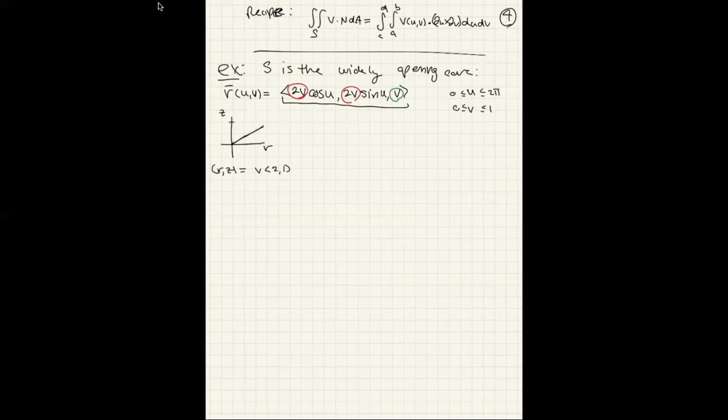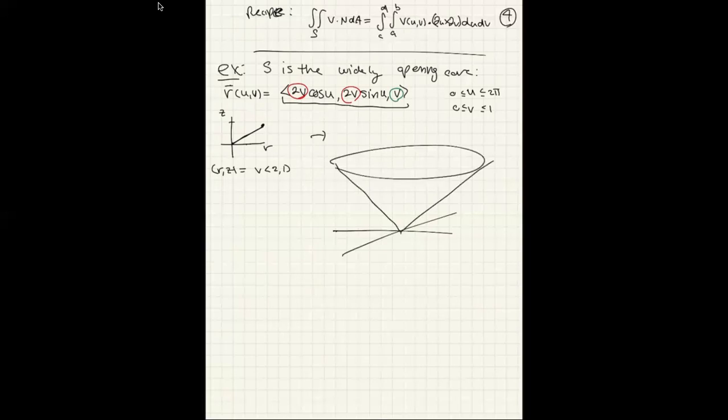So this is the picture in the R theta plane, in the RZ plane, and so the total surface is like this cone right here. Okay, and in fact, let me scale it up. So the real picture that we're going to get is this big old cone.